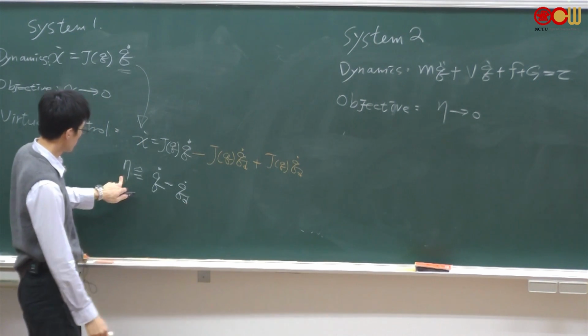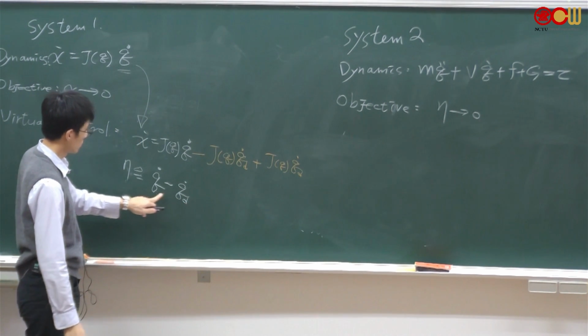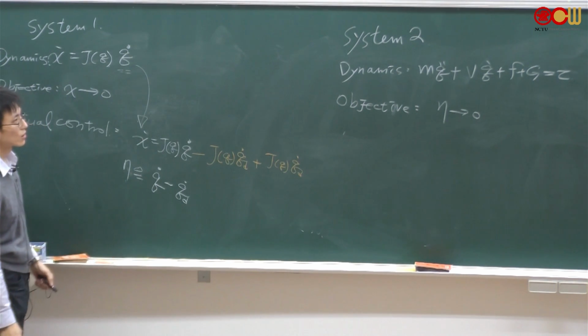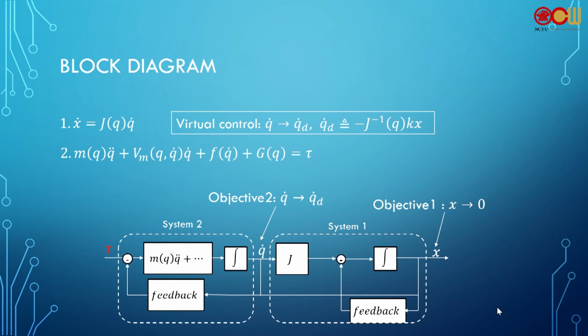Because when this signal is 0, Q dot can track QD dot. QD dot is the virtual control input, the desired virtual control input.